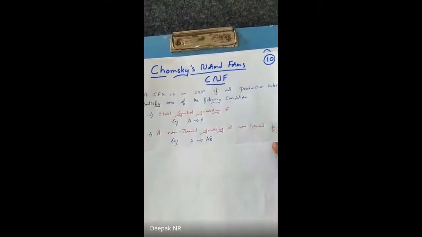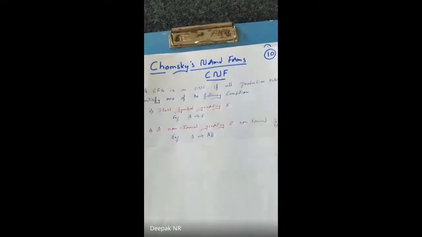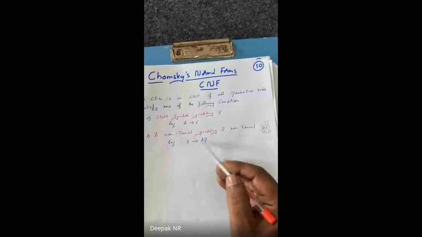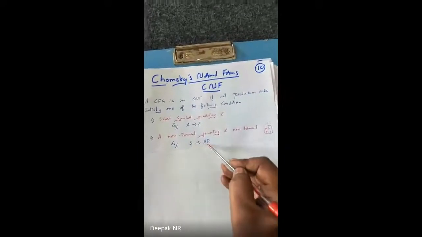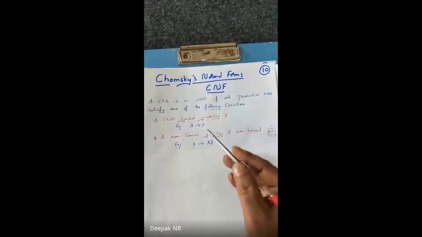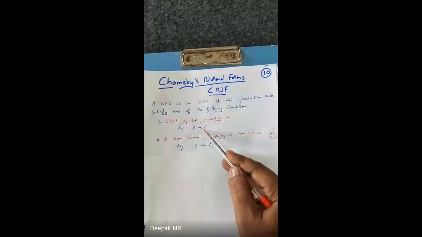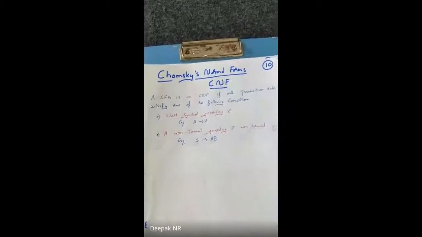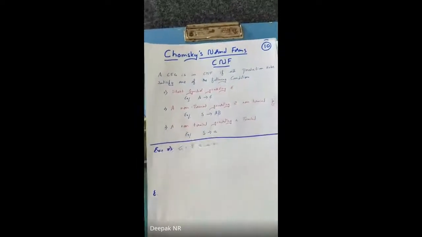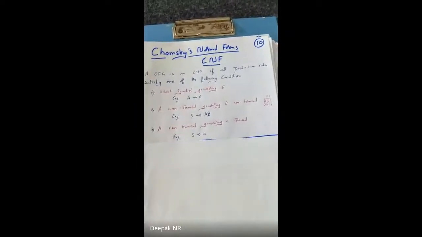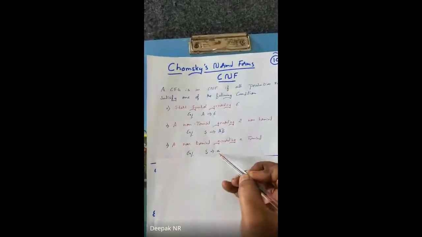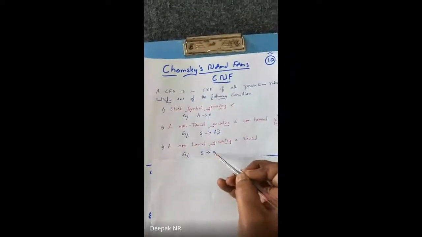Clear? Here it says a non-terminal generating two non-terminals, like S tends to AB. That's my second rule. My third and last rule says a non-terminal generating a terminal.